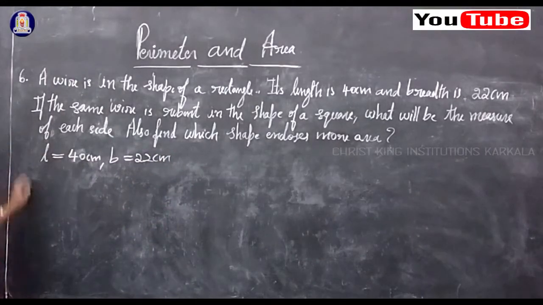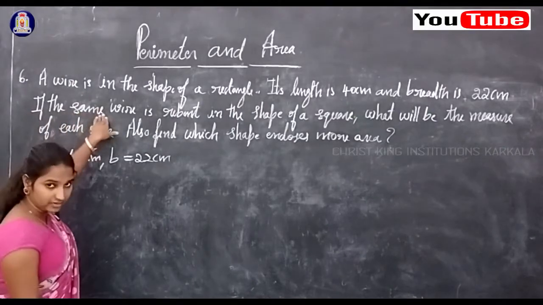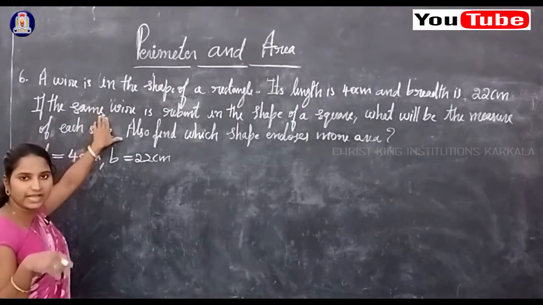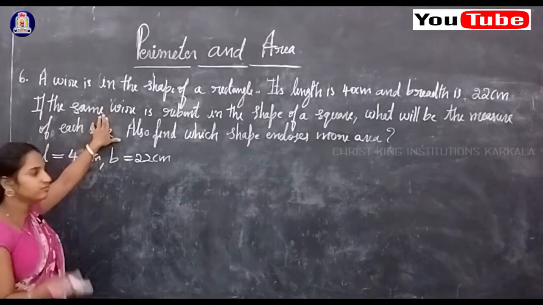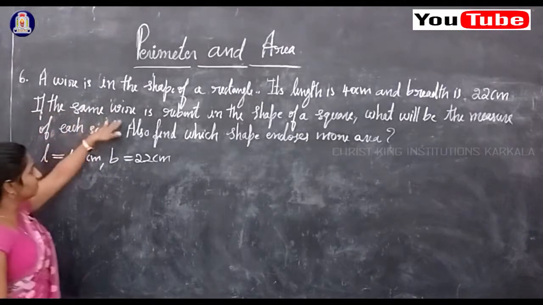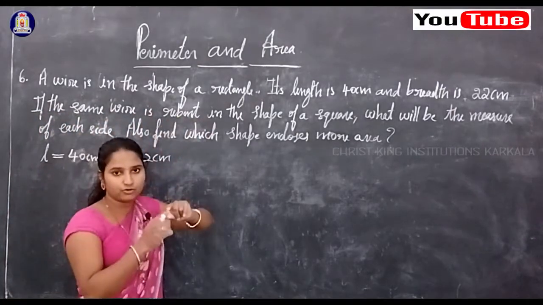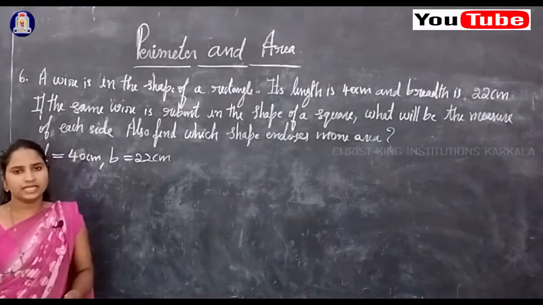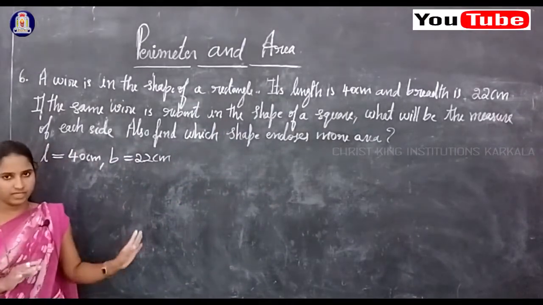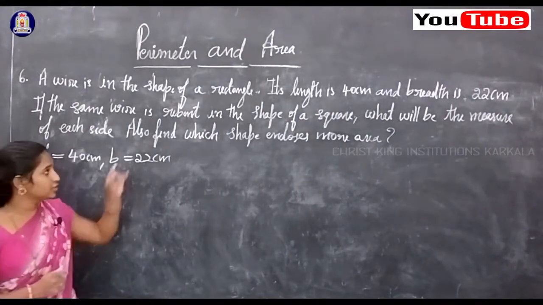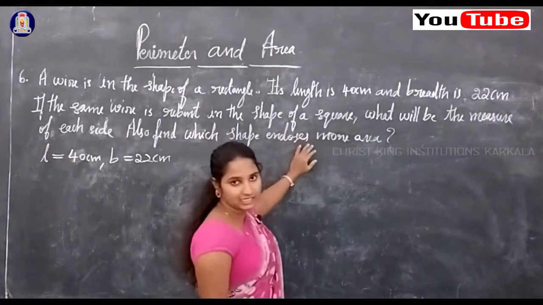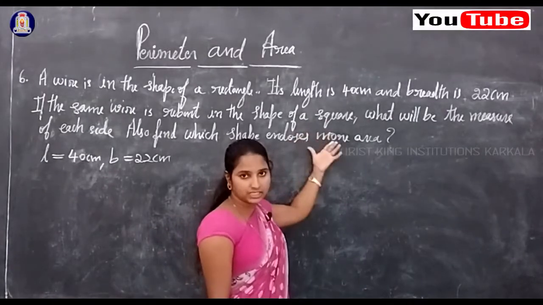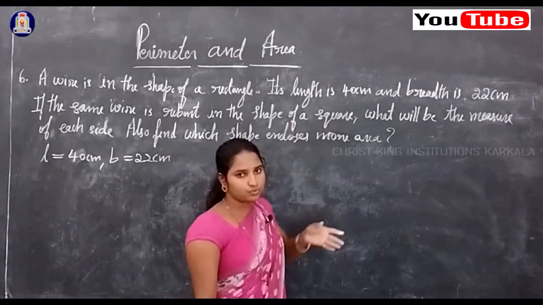So now they said if the same wire, okay, first we made one rectangular shape, but the same wire is rebent, again you have to rebend it in the shape of a square. First it was a rectangle, then by using the same wire you have to give it the shape of a square.